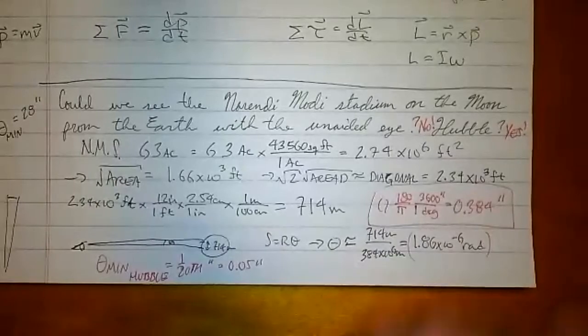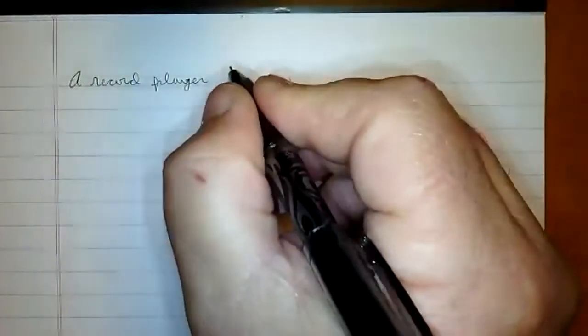All right, so now that we have that, we can also try some more mundane problems, like the simple stuff we used to do in kinematics. Let's say a record player, which y'all don't know, but it's like the predecessor to a CD player, which is the predecessor to an iPhone.